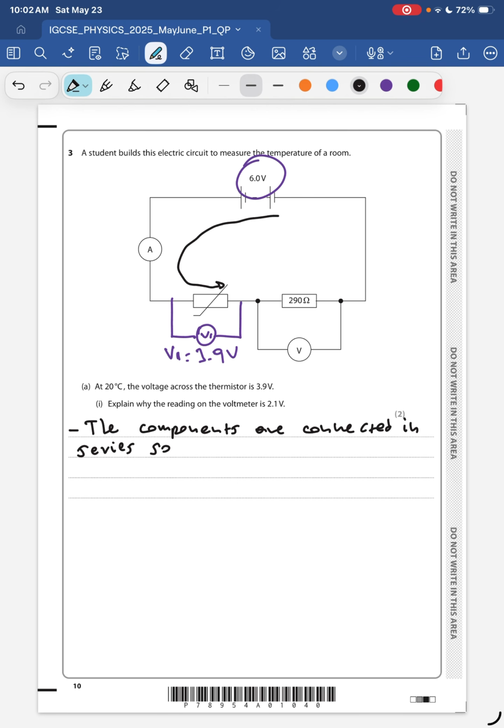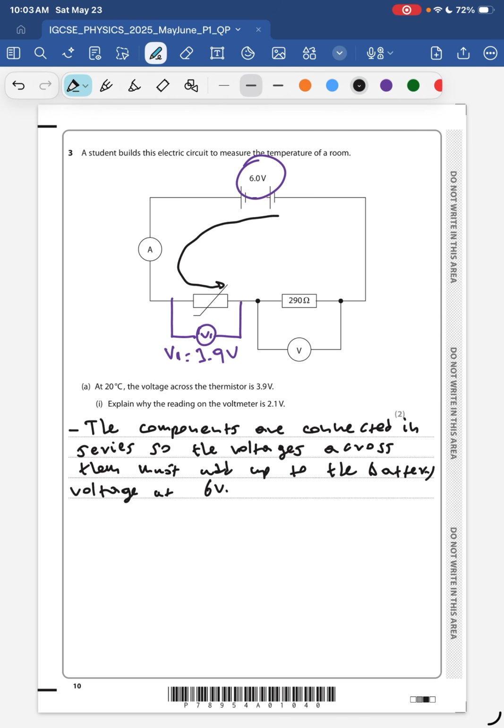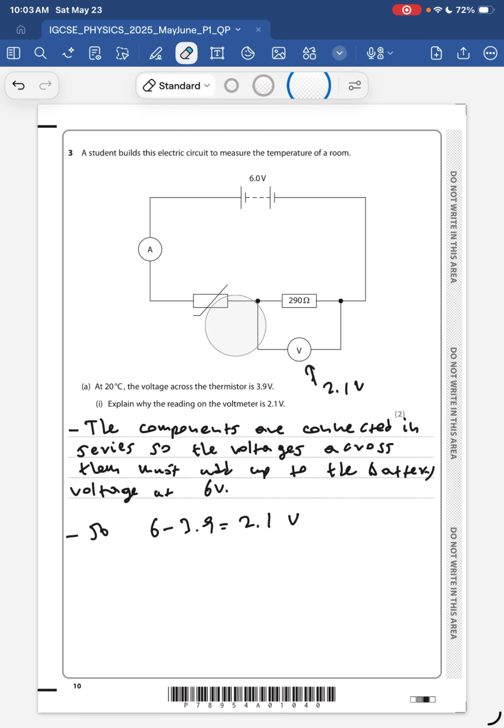So the voltages across them must add up to the battery voltage at 6 volts, okay? So 6 minus 3.9 is equal to 2.1 volts, which is the voltage that the voltmeter will record, okay? And let me erase all this.